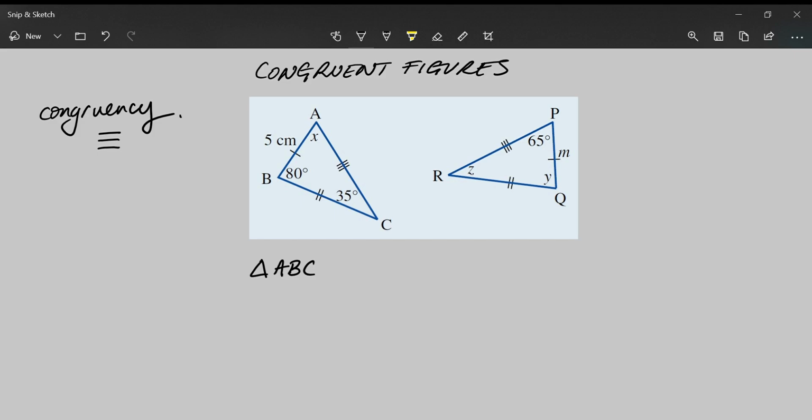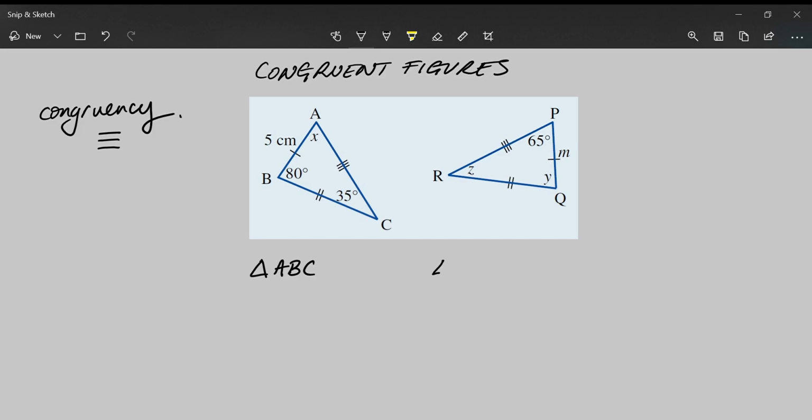Then the second thing is which of A and B corresponds to P and Q. And looking at this, I can say that A corresponds to P and B corresponds to Q.